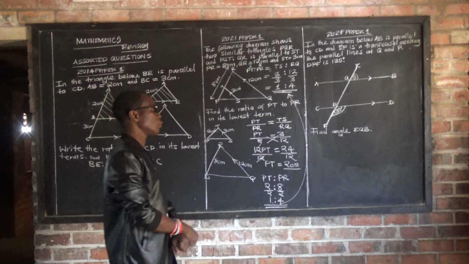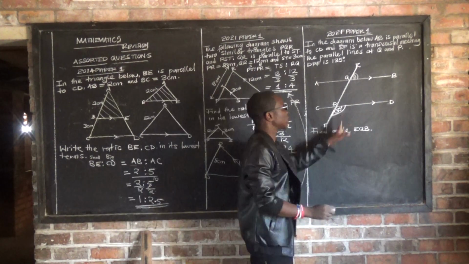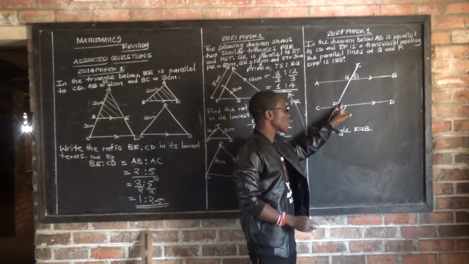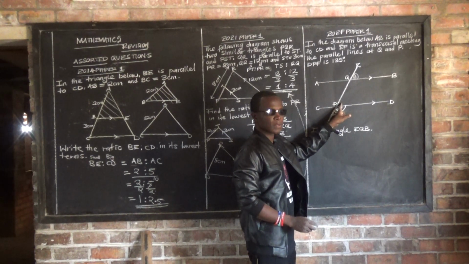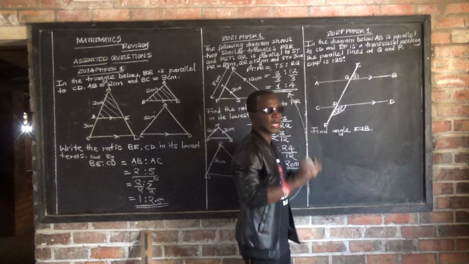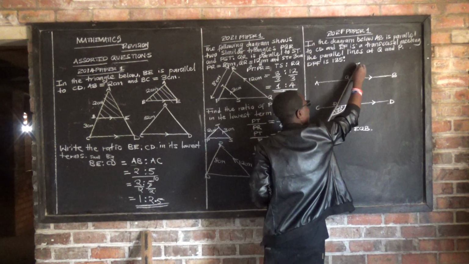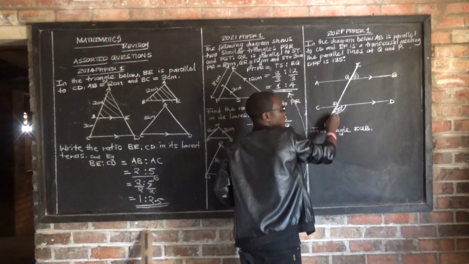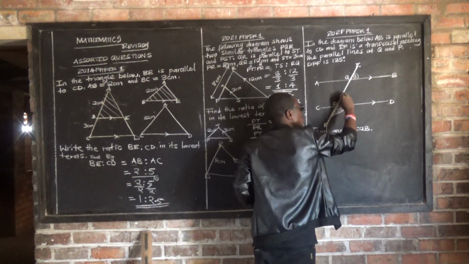Yes. So what we're going to do is, first and foremost, we're going to find this angle. Since we have this is 135, we're going to find this angle by using a property which says angles formed on a straight line add up to 180. Because this line EQPF is a straight line.